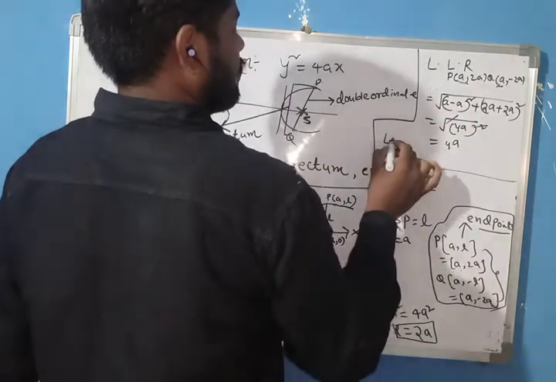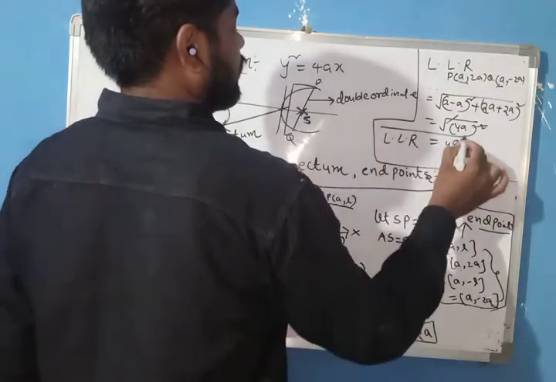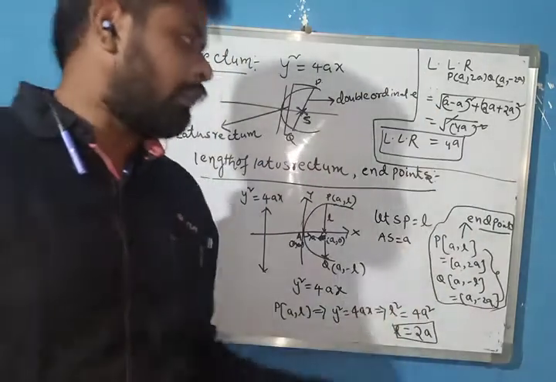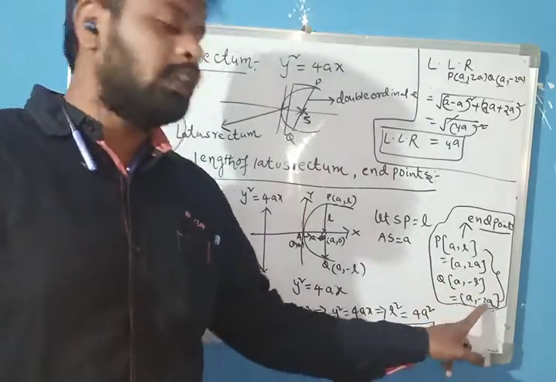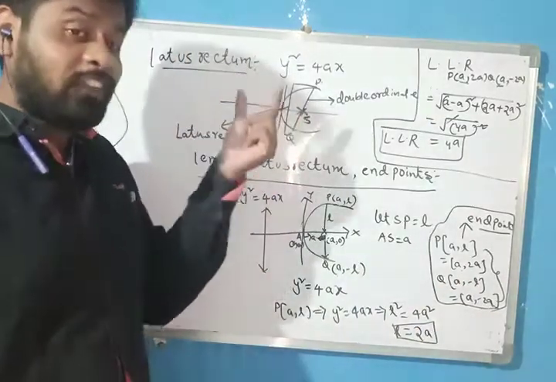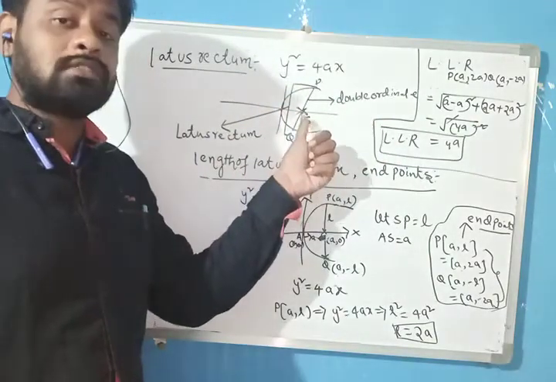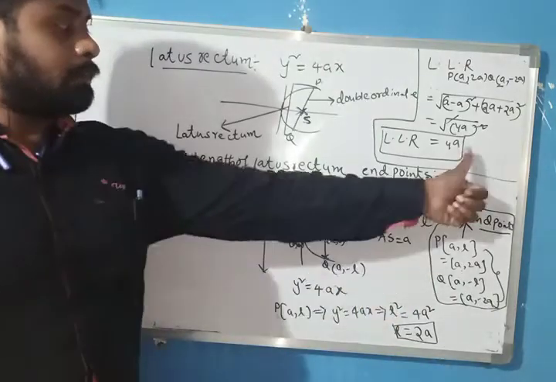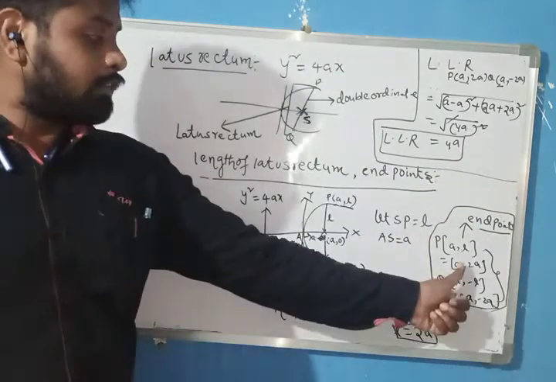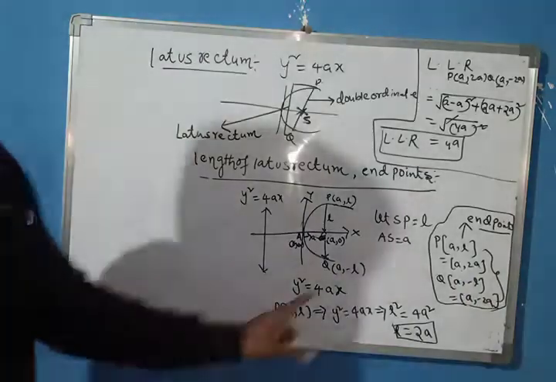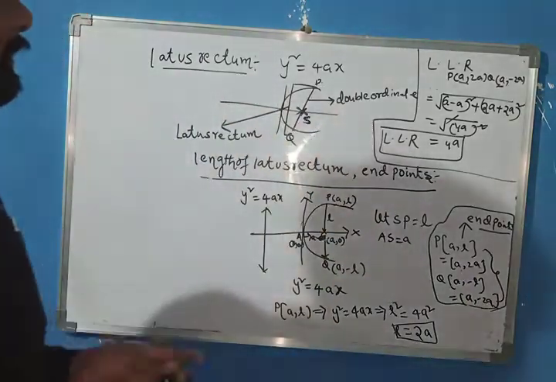This length of the latus rectum equals 4a, and the endpoints are a comma 2a and a comma minus 2a. What is the latus rectum? Definition: the double ordinate that passes through the focus is the latus rectum. Its length equals 4a. Endpoints of the latus rectum are a comma 2a and a comma minus 2a. Remember these formulas. Okay, this is the latus rectum concept.